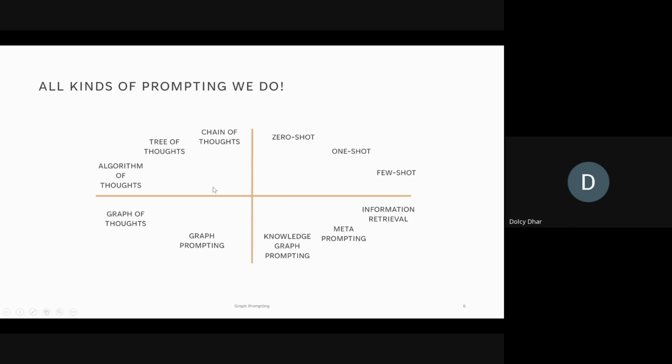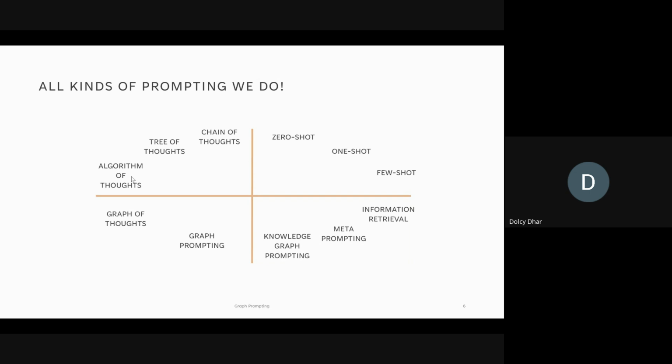Chain of thought would be very simple, tasks being chained. Algorithm of thoughts would be more complex, where at every step the LLM would be making multiple decisions, or deciding a few things, and only then moving on to the next step. And based on the first step decisions, the second step decisions would be modified.